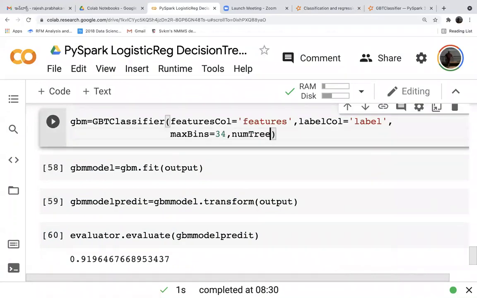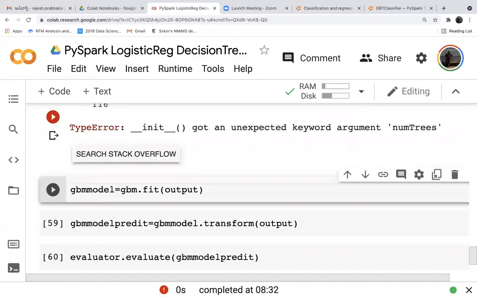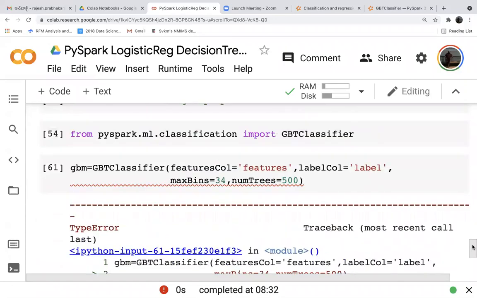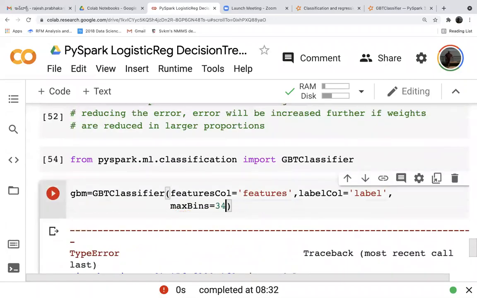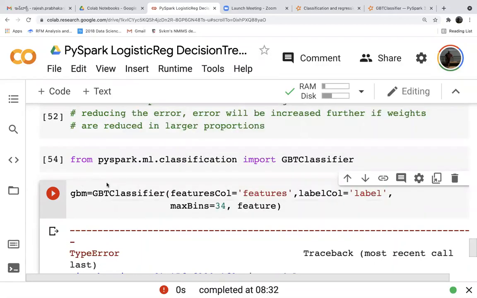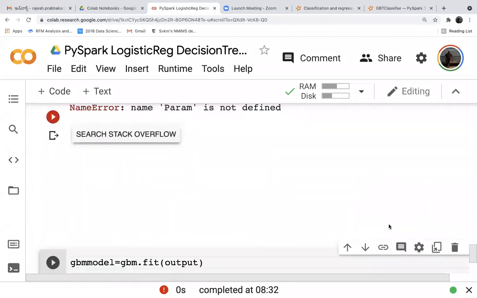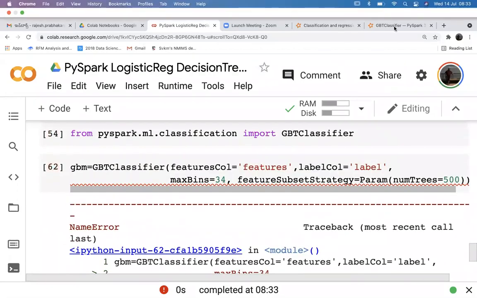Num trees is equal to, so we have to give it as feature. Param is not defined.